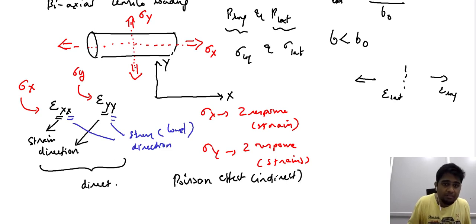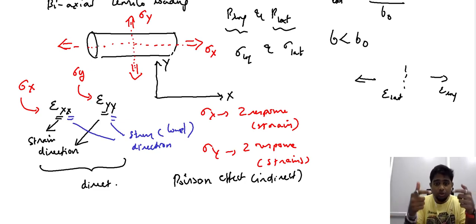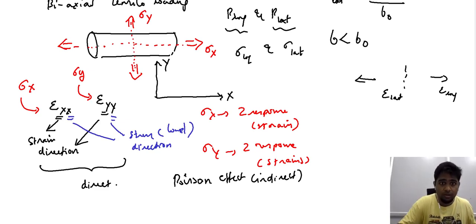What we mean by indirect responses is that for sigma x, in addition to the change in the dimension along the x-axis, there is also a change in the dimension along the y-axis. Let me repeat, for sigma x, in addition to the direct response along the x-axis, there is also, due to the Poisson's effect, a response along the y-axis. The same goes for sigma y.